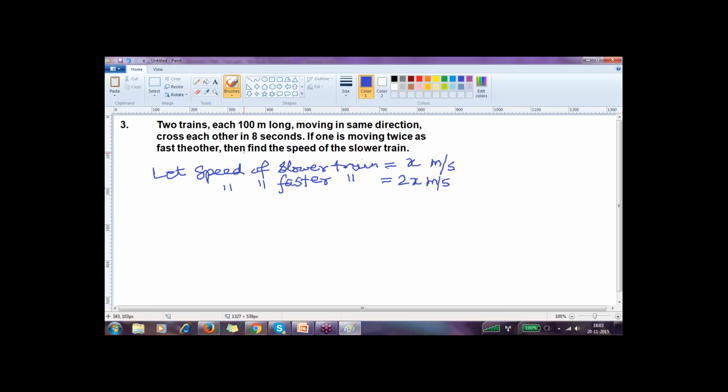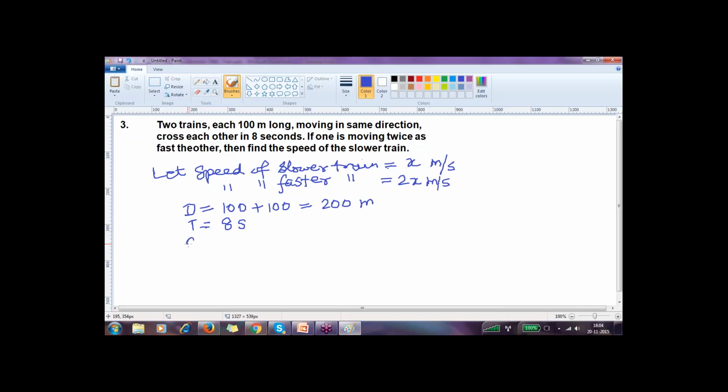Now here what will be distance? D will be 100 plus 100 again is the situation. Both trains traveling in the same direction. You have to add the length of the trains, which becomes 200 meters. Time is how much? 8 seconds.